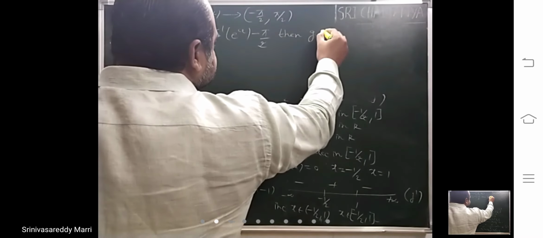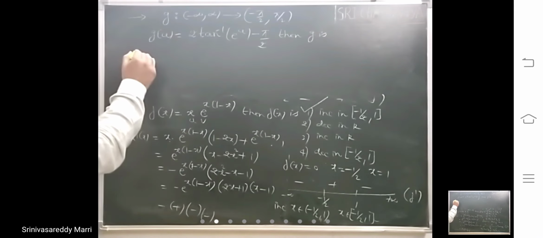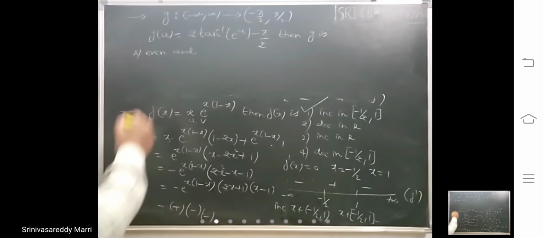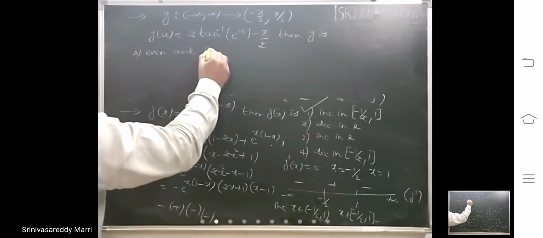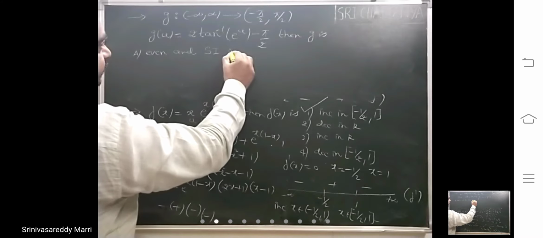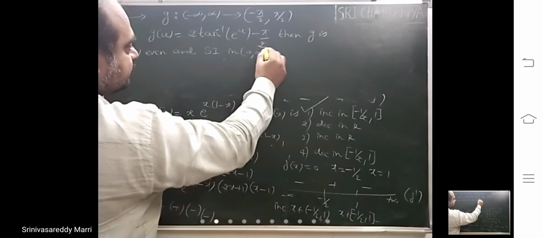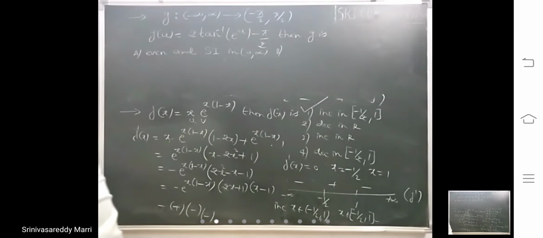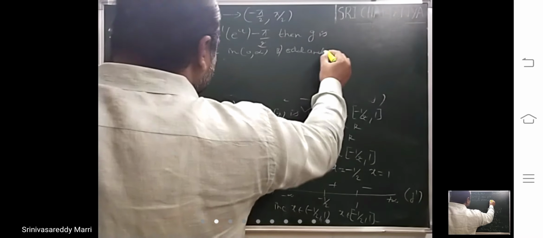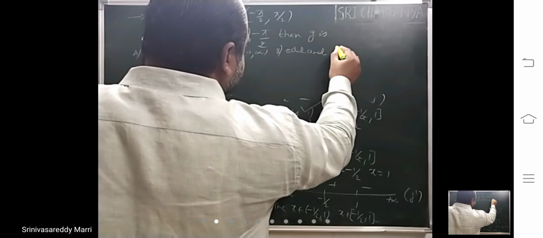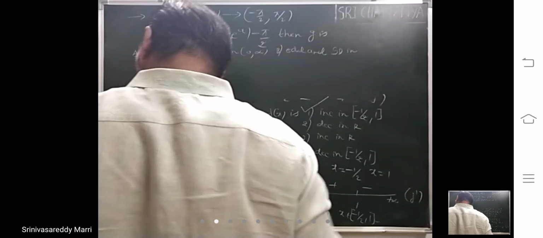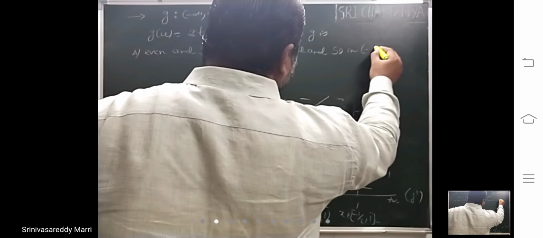Then g is, asking, even and strictly increasing, SI means strictly increasing, in 0 comma infinity. Option B: odd and strictly decreasing in minus infinity comma infinity.